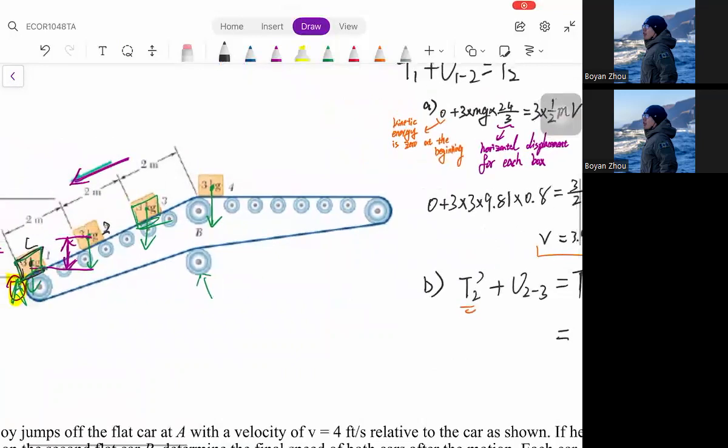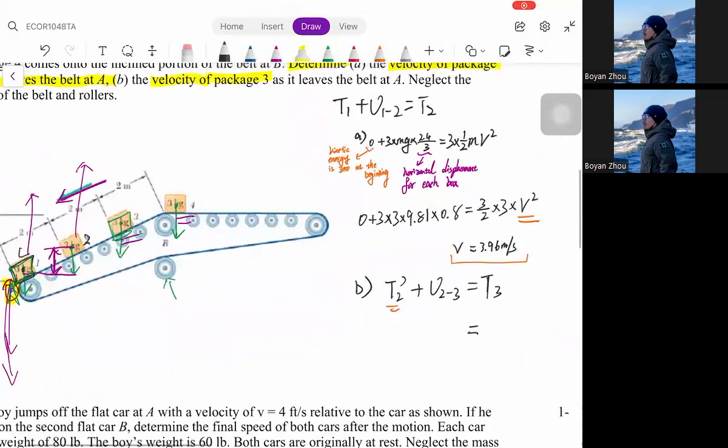And at this moment, there are only 2 boxes on the belt, because box 1 has already fallen over, and box 2 has also already dropped down. So at this moment we only have box 3 and box 4 still inside the system. So for T2, we only need to include the kinetic energy for box 3 and 4.